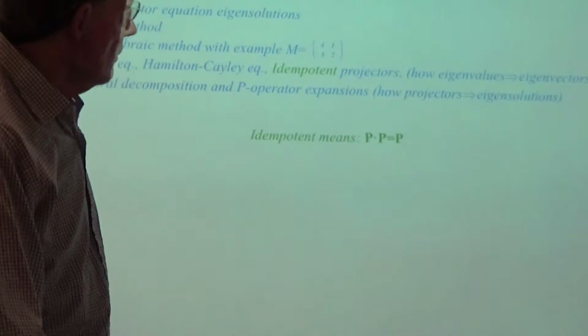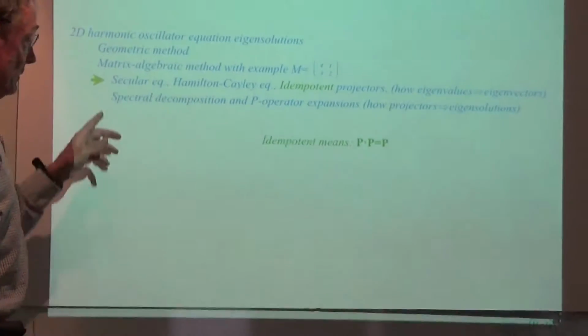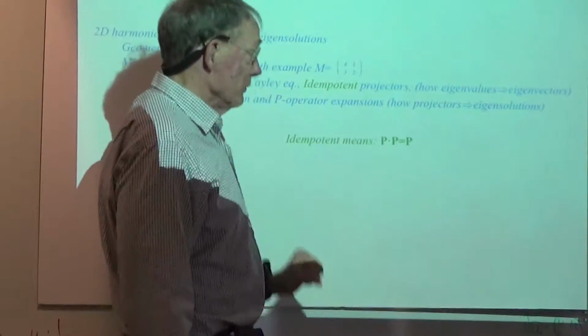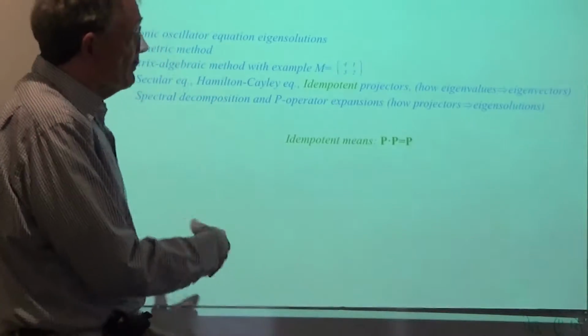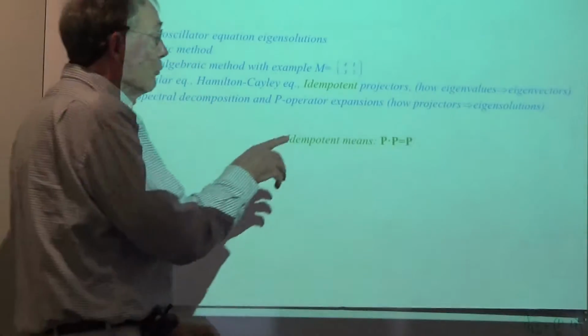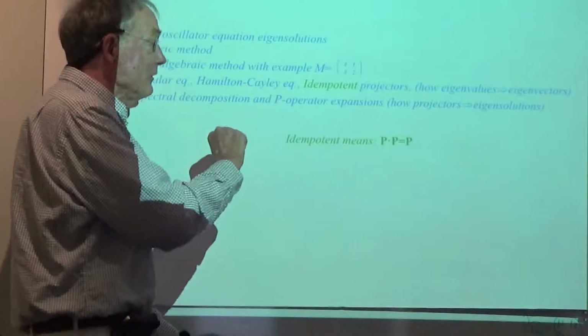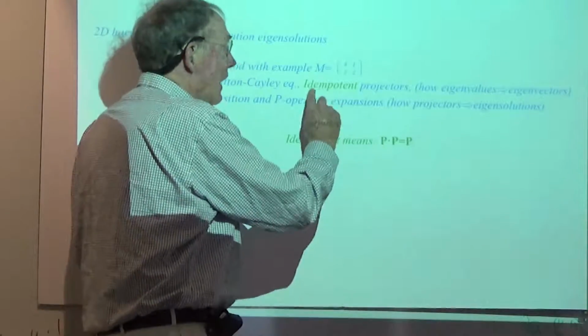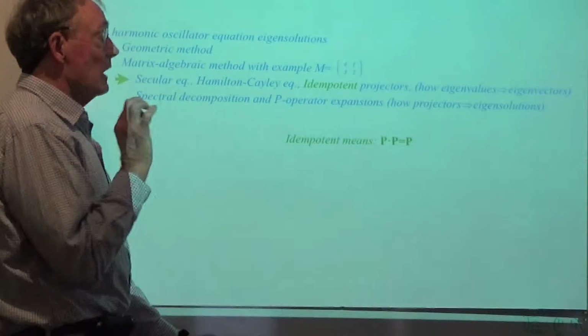Okay? So, what we need to do is look at what we call idempotent projectors. Not just these things are sort of baby projectors. They're using lowercase p's to note them. The uppercase thing is a projector that is something called idempotent.